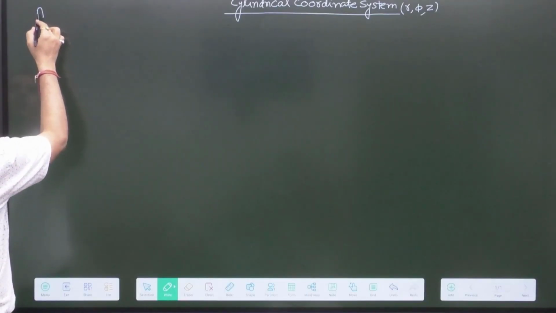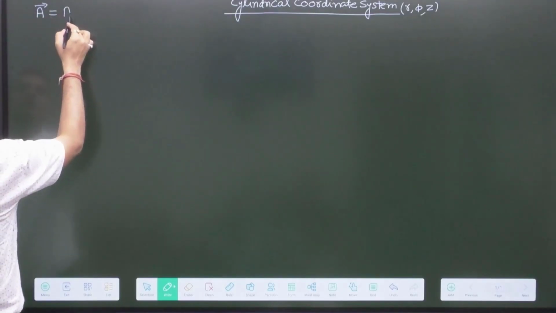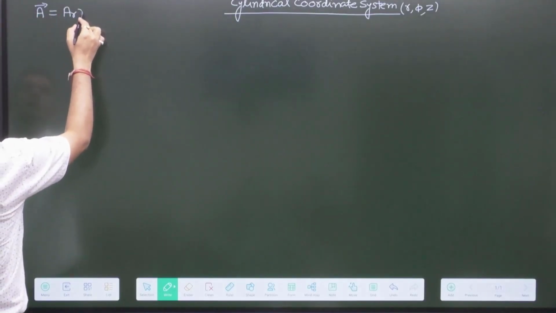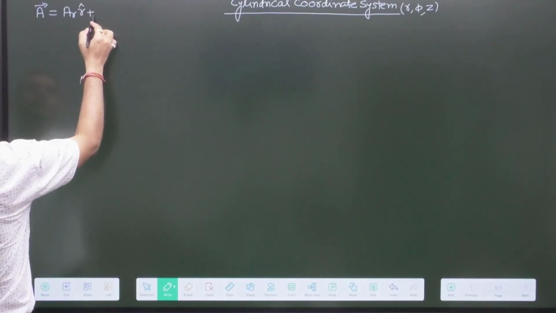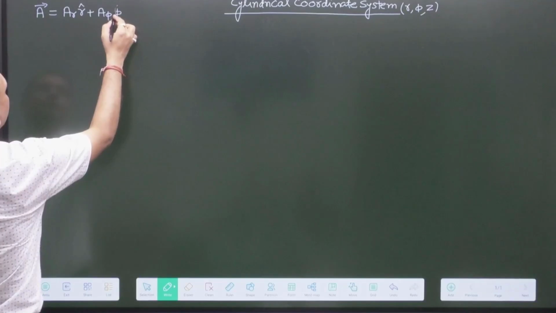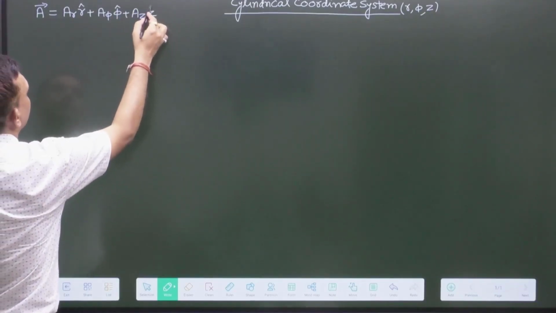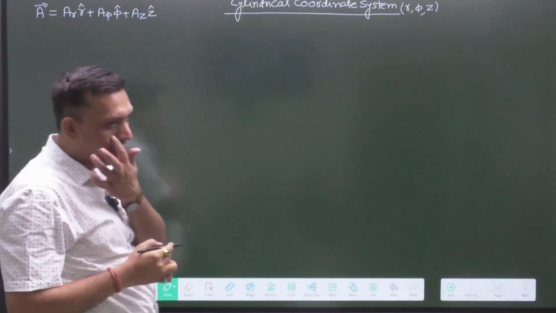So any vector A can be represented as A_r r cap, A phi phi cap, and A_z z cap. This is vector A in the cylindrical coordinate system.